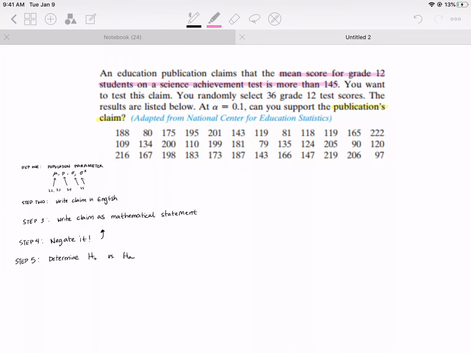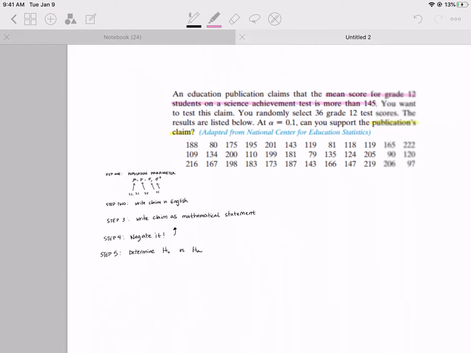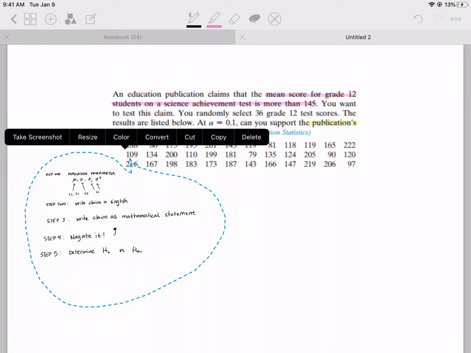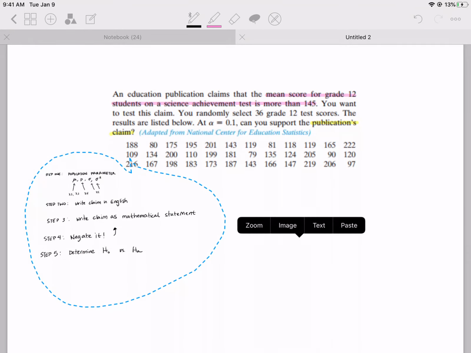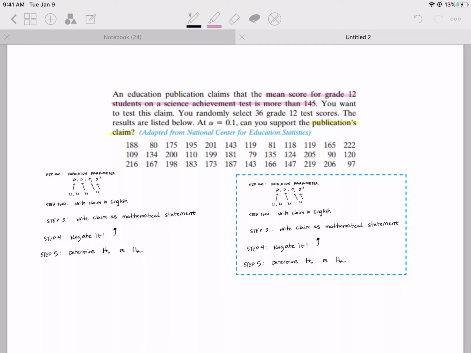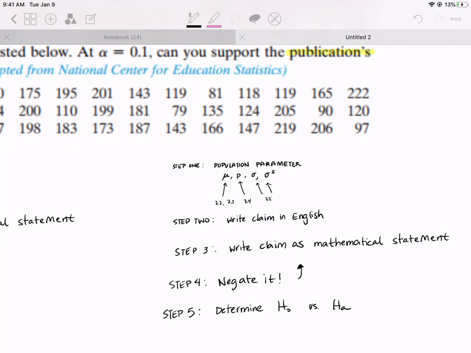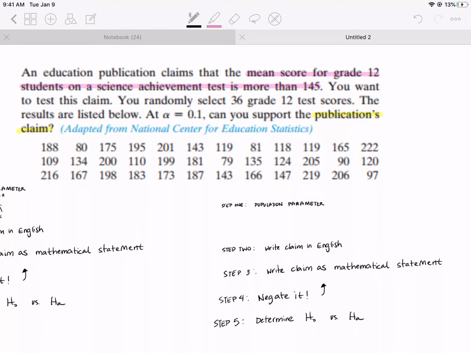So I am ready to copy and fill in each of these. Now, what is the population parameter? The population parameter is mu, because we're working with mean score.